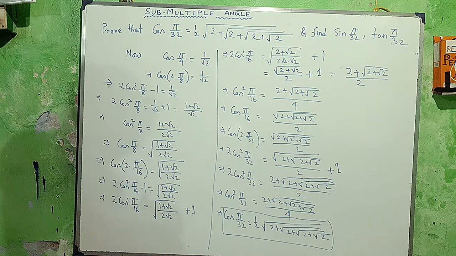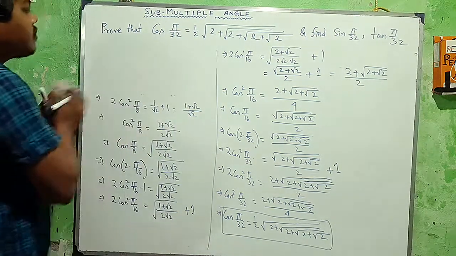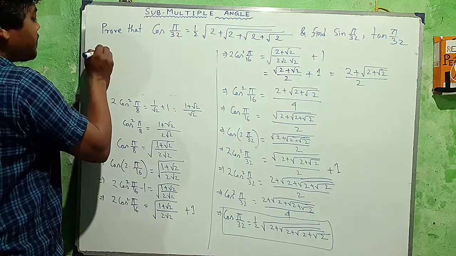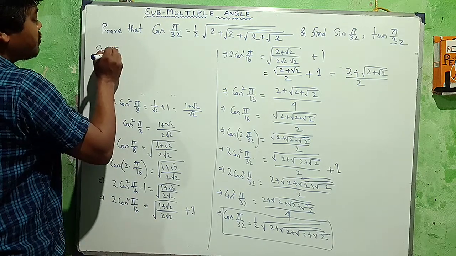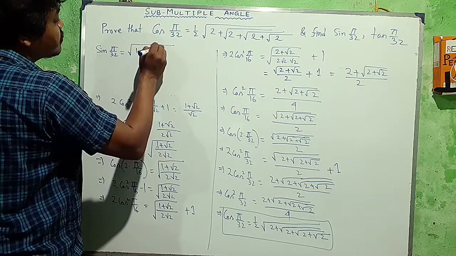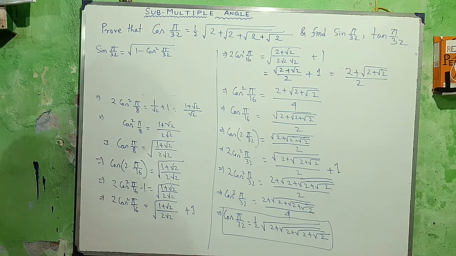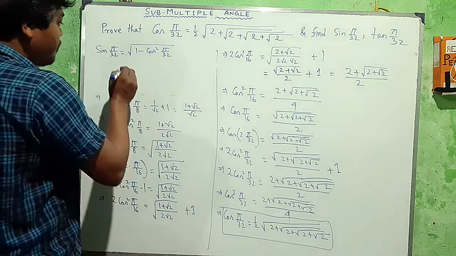So next I have to calculate sin pi by 32. How to calculate? It is easy to say sin pi by 32 is also square root of 1 minus cosine square pi by 32. Just now put the value of cosine square pi by 32.